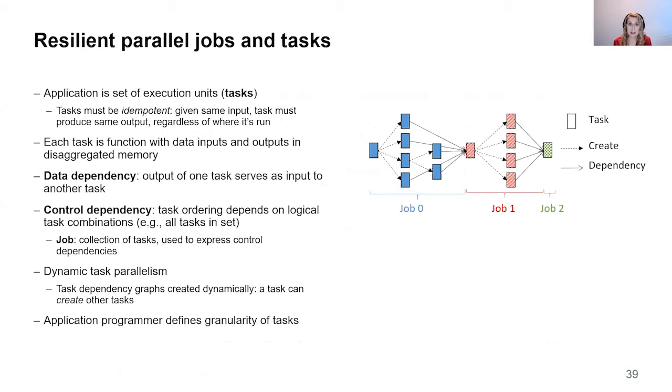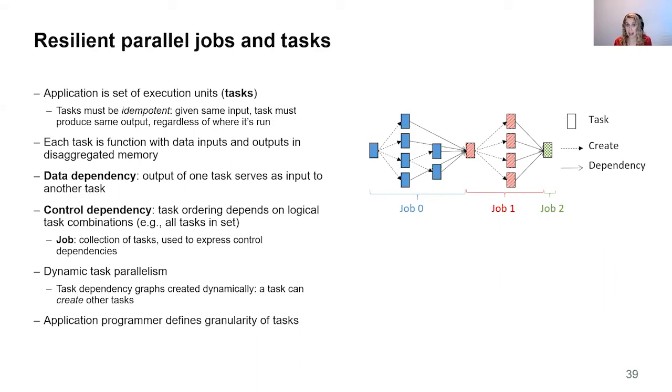There may be dependencies between tasks, so data dependencies in the sense that the output of one task might be the input of another task. There may also be control dependencies because a collection of tasks might need to finish execution before another set of tasks can begin execution. So we introduce the notion of a job to handle those control dependencies.